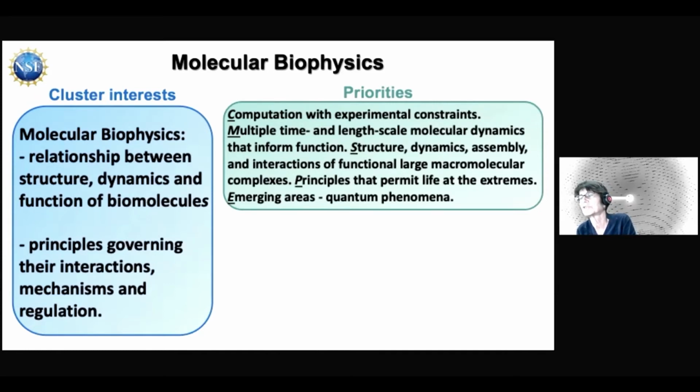The determination of structure and dynamics, assembly, and interactions of functional large macromolecular complexes, understanding the principles that permit life at extremes, such as high pressure, that in deep sea microbes, etc. Emerging areas such as quantum phenomena in biological systems, or the use of quantum devices to investigate biological problems.